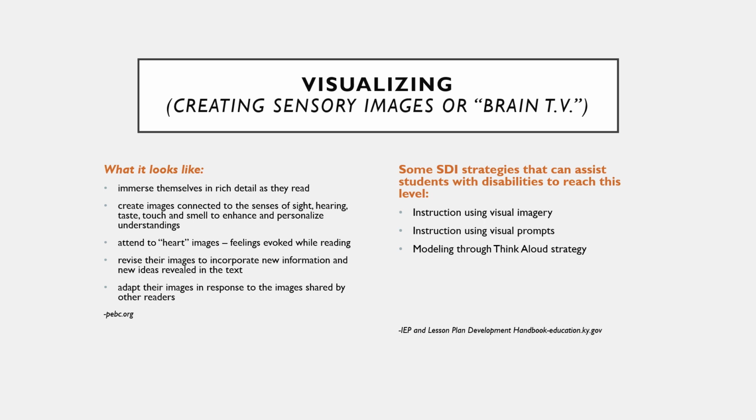And the visual prompts is also a big one. Teach them how to use those, and that would definitely help them in order to form their own pictures of things.